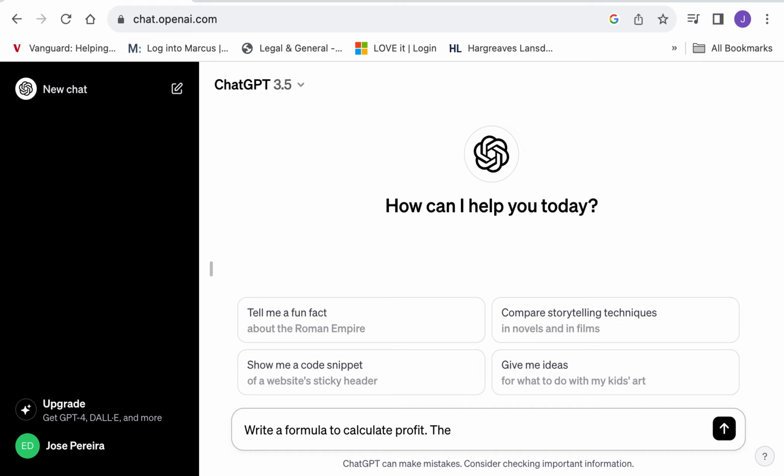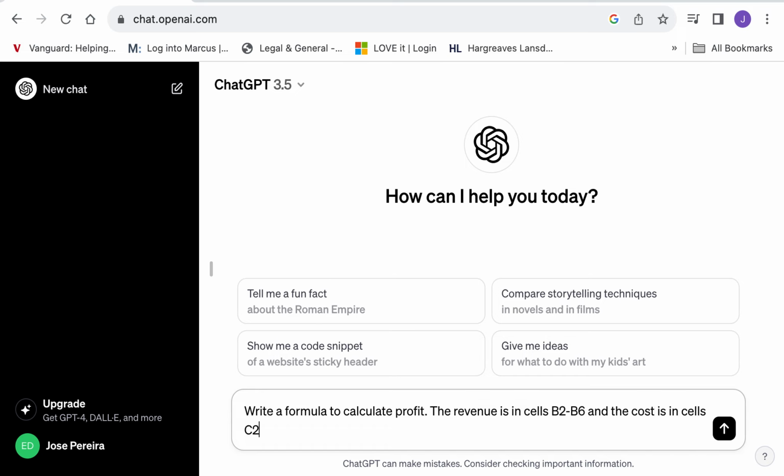So the revenue is in cells B2 to B6, and the cost is in cells C2 to C6. We just state that it's an Excel formula.